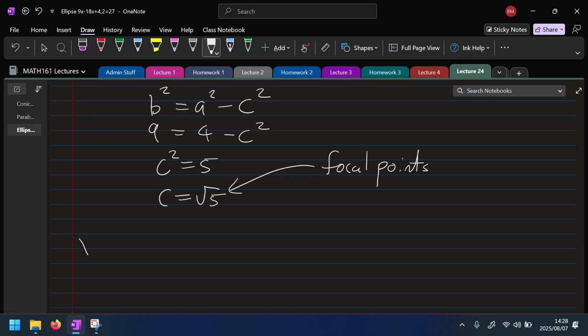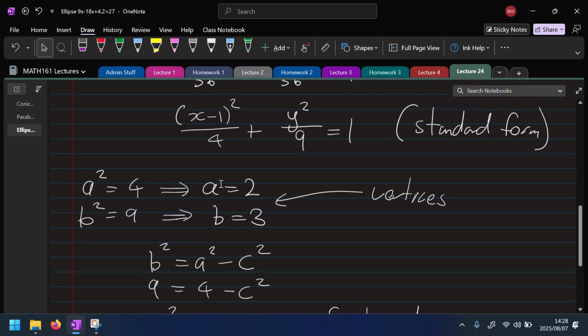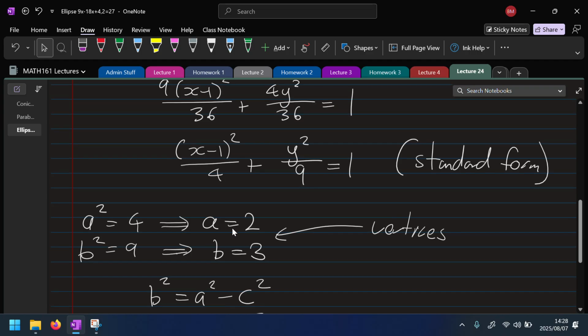So what are the vertices going to be? Here we go up. Is this going to be stretched along x or y? Because we're looking for those endpoints. Yeah, it's going to be stretched along y.